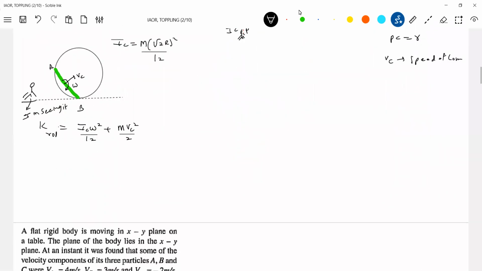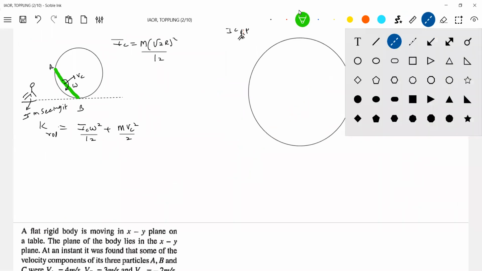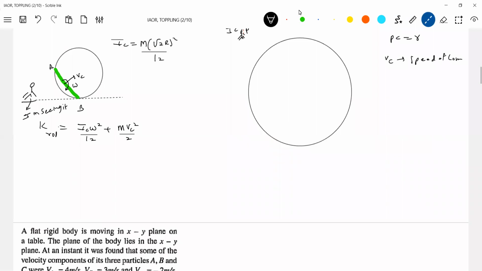So this is the sphere. Now this is the rod.